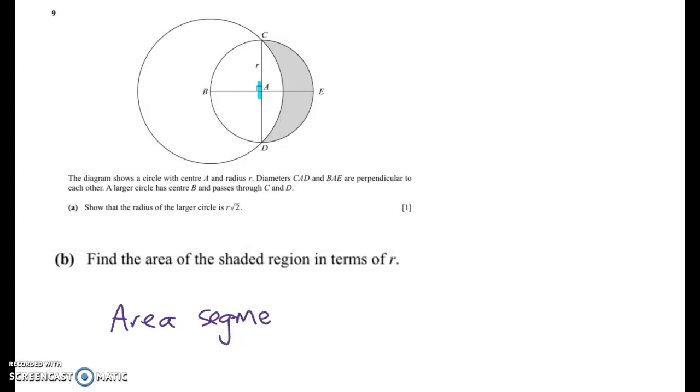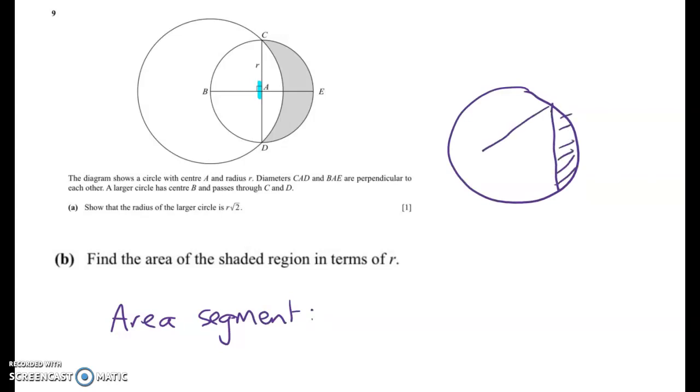Now you're not given that one on the formula sheet because the area of a segment is just the area of a sector, take away the area of this triangle. So the formula for the area of a segment is 1/2 R squared (theta minus sine theta).